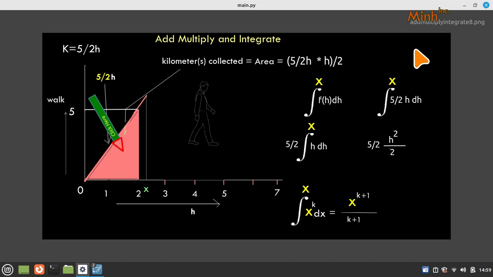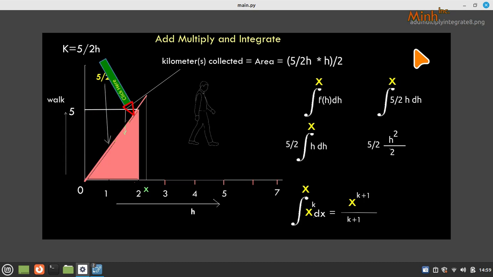He is collecting distance at a speed of 5/2 times h, this is the axis. h is the independent variable, and f(h) is 5/2h. If I calculate this area, it is the total distance traveled by this person in 2 hours.